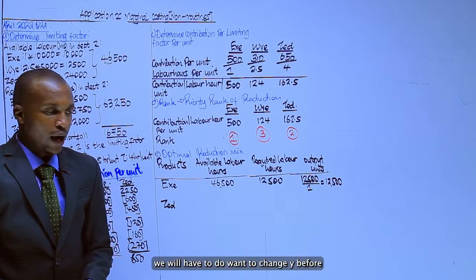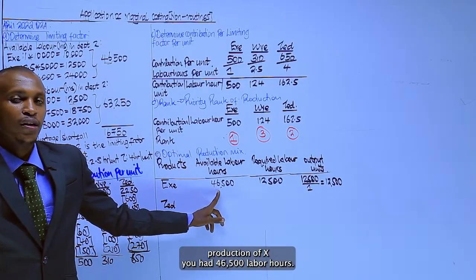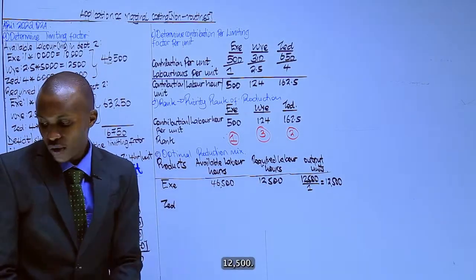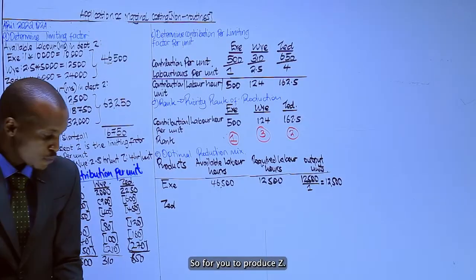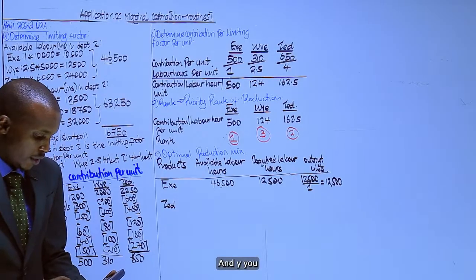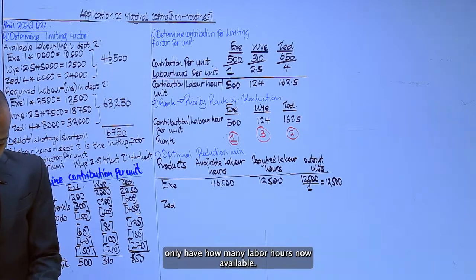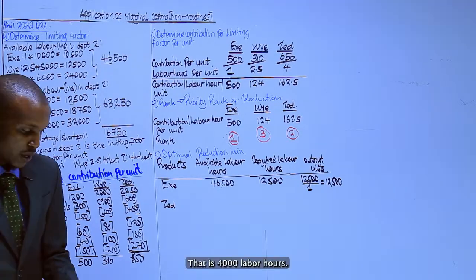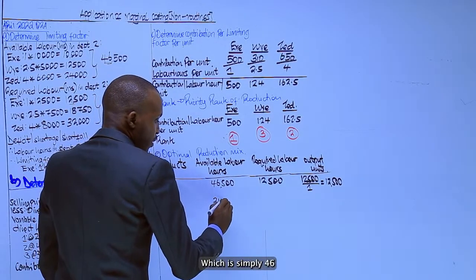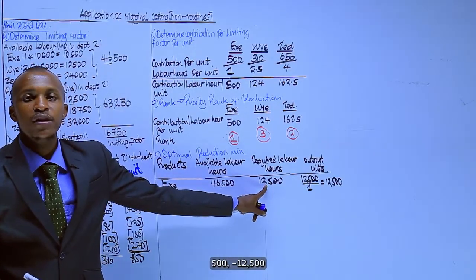Now your available hours will have to change. Why? Before production of X, you had 46,500 labor hours, but you have used 12,500. So for you to produce Z and Y, you only have 34,000 labor hours now available, which is simply 46,500 minus 12,500.